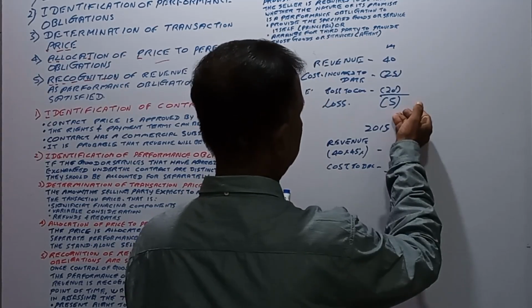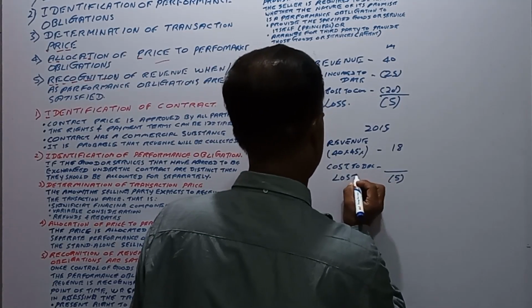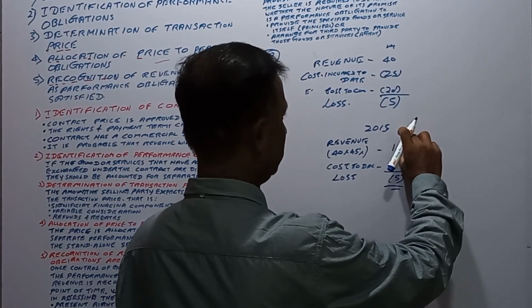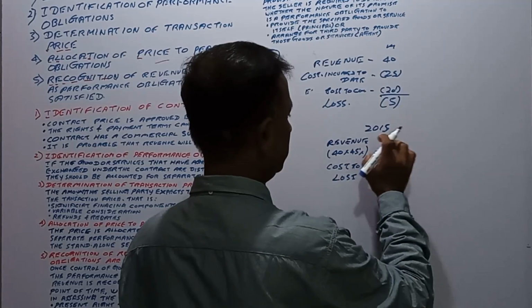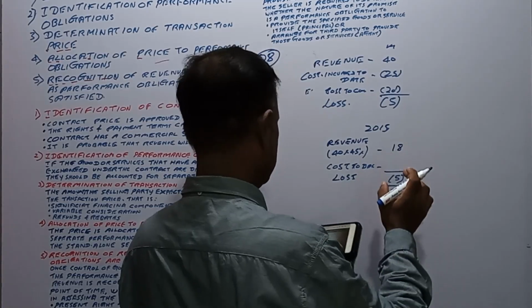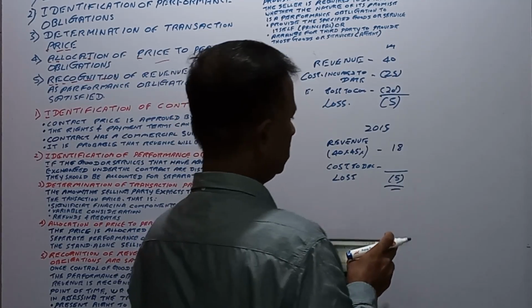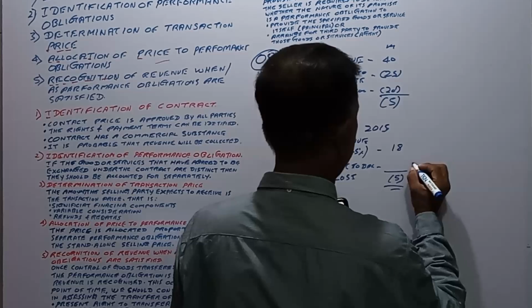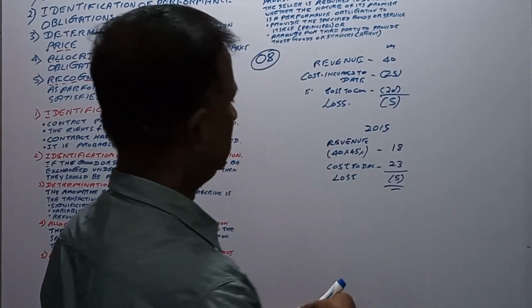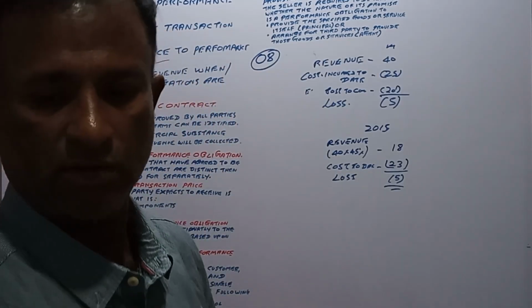So we have taken the 5 million loss here, and the revenue is 18 million. The loss is 5 million, and they haven't given the cost, so we can calculate the cost as a balancing figure, right? 18 minus 23 is only 5, so this is the balancing figure.